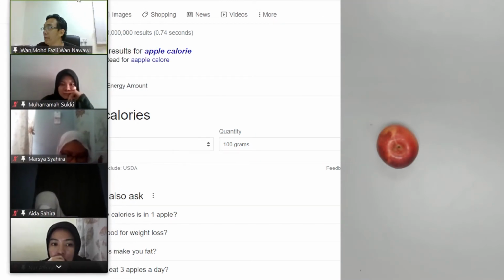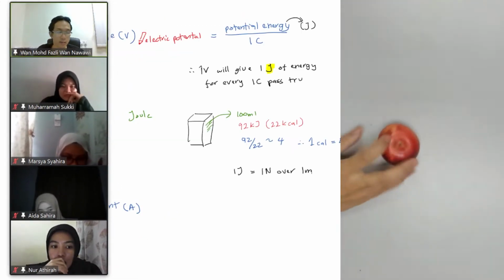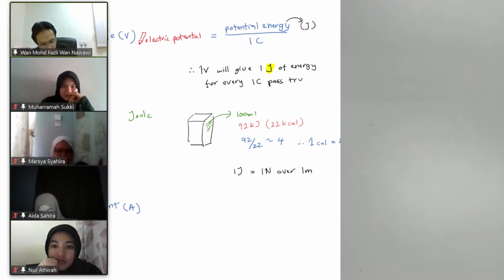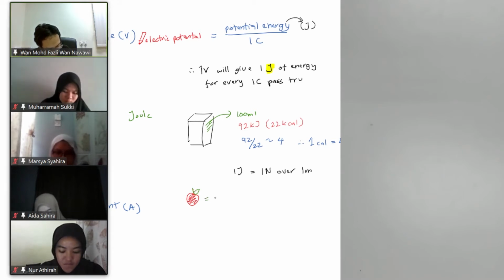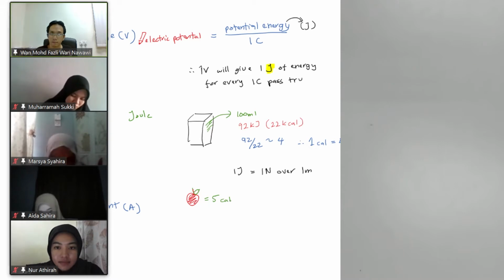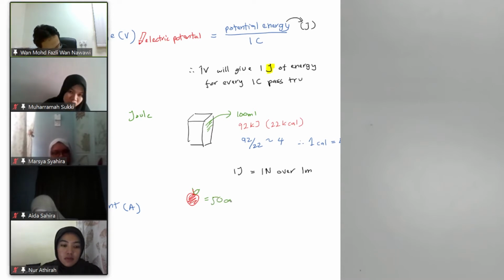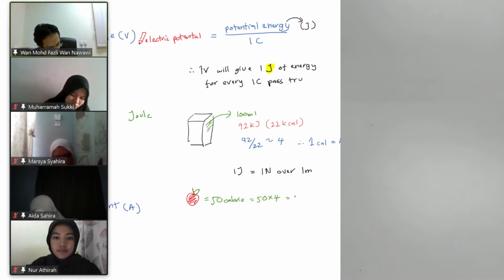So let's say I draw the apple here, and it's around 50 calories. 50 times 4, you get 200 joule.